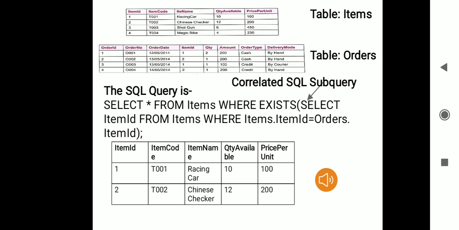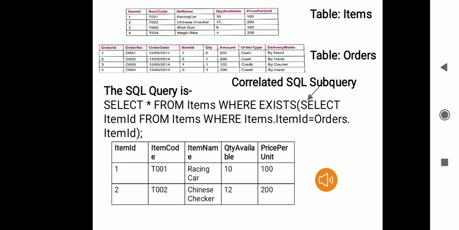Again see, for the item id as 2 from the items table, we also have a matching entry of 2 for item id in the orders table. So the subquery returns true for item id as 2.